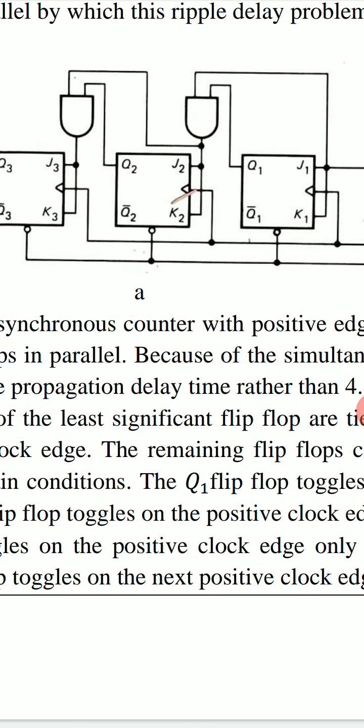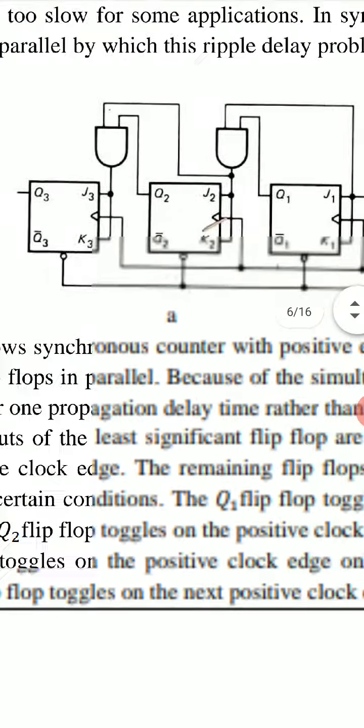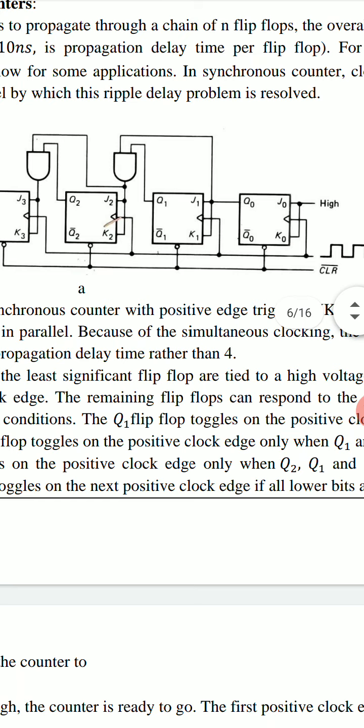Similarly, J2, K2 and J3, K3 are connected with these AND gates. This is the circuit diagram of synchronous counter.